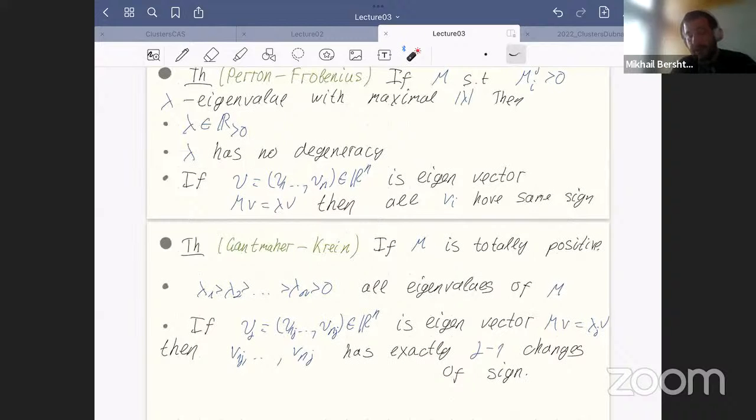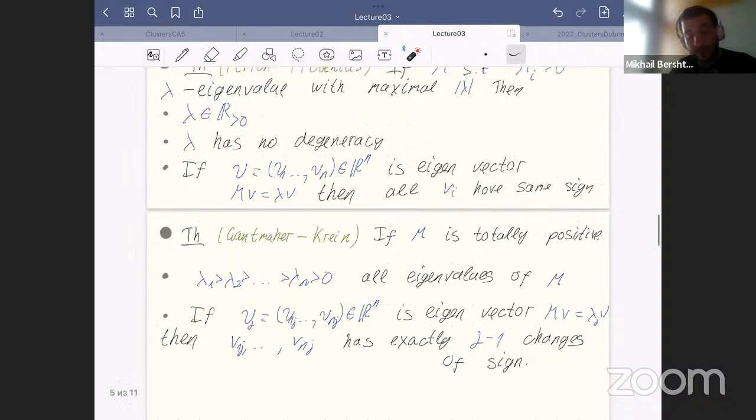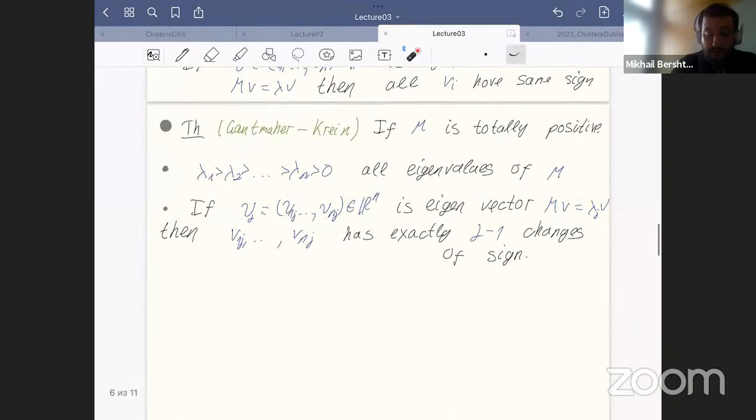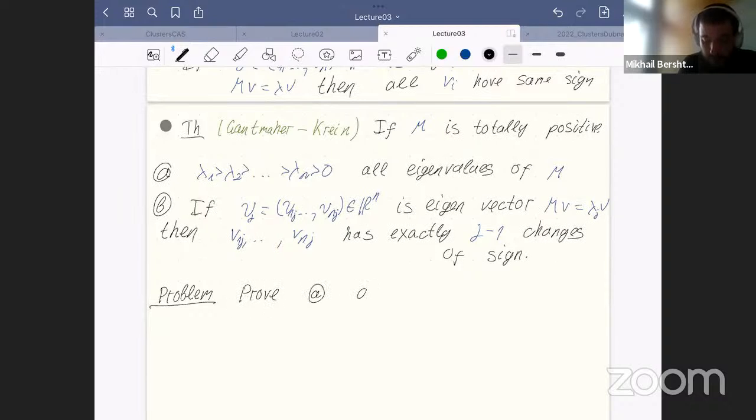This theorem is a good exercise in linear algebra, like Perron's theorem. So I even put it as a problem. Let me label this not by items, but by A and B. Prove A above.